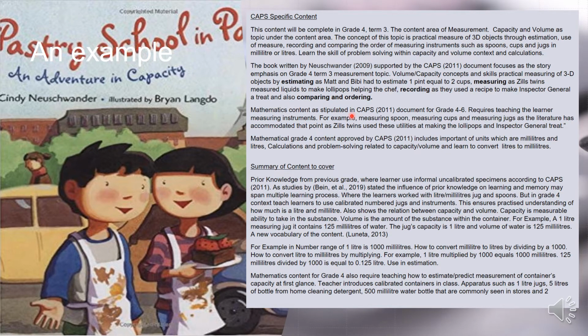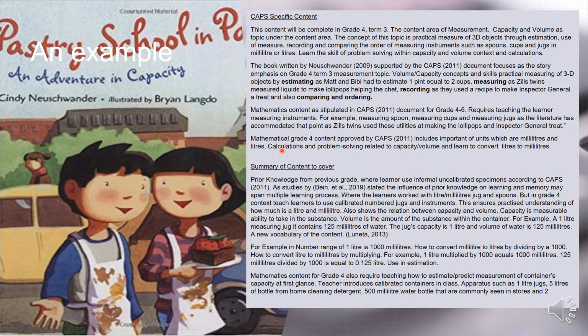The mathematics content stipulated in CAPS documents for Grade 4 to 6 requires teaching learners measuring instruments, for example measuring spoons, measuring cups and measuring jars, as the literature has accommodated that point, as the zealous twins used these utilities making lollipops and the inspector general's treats.